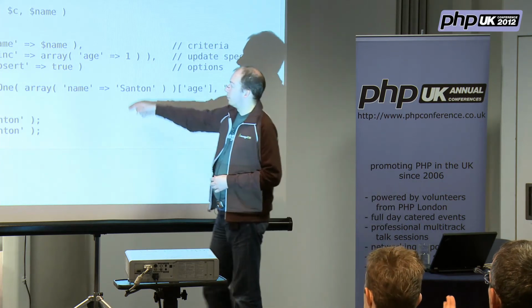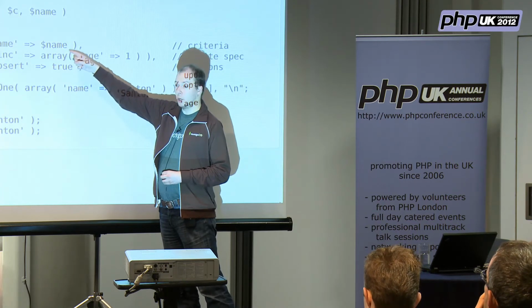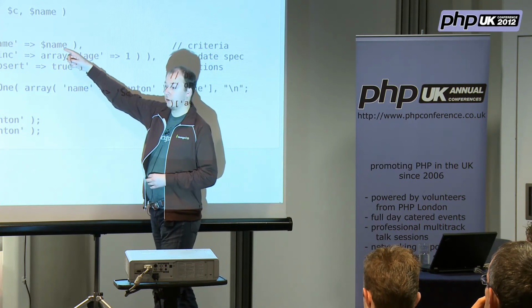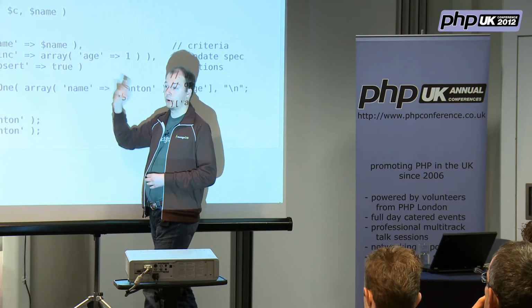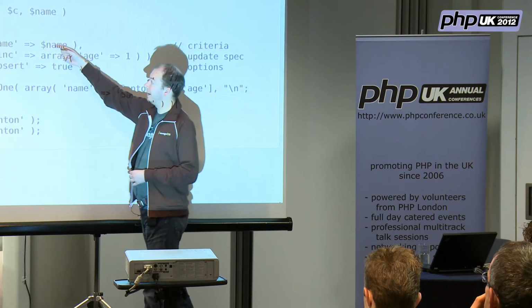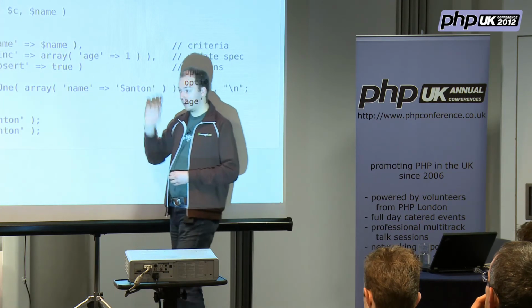So what happens the first time is it runs an update, but we set upsert. So it updates on the criteria based on the name, and then we increase the age by 1. Because this document doesn't exist, it will take both the criteria as well as the update instruction and create a document out of this.